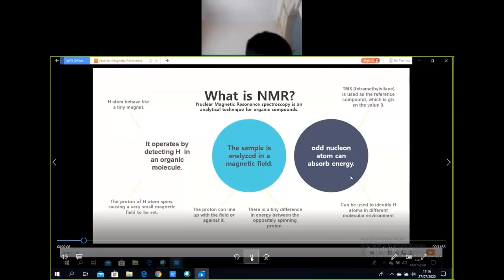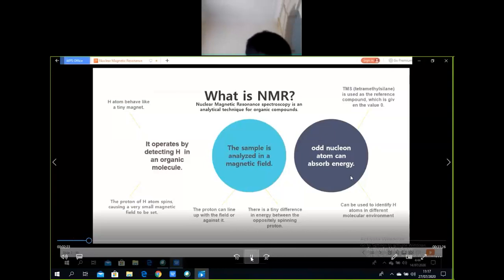The hydrogen nucleus, or proton, will either line up with the field or against the field, by spinning in the opposite direction. There is a tiny difference in the energy, which corresponds to the energy carried by radio waves.